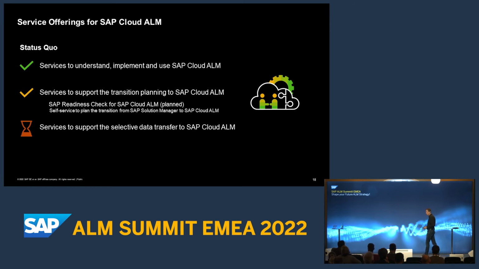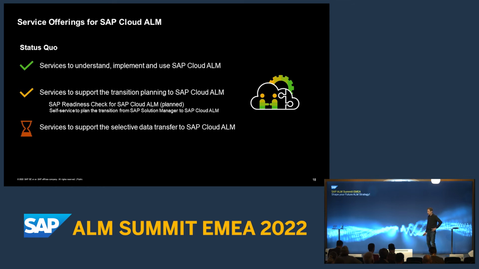And then the last piece, which is not yet available, are services which support you in doing the selective data transfer. If you have listened to Axel this morning or also to Sinye yesterday, the product is not really ready to consume data from Cloud ALM, but that is definitely something we have to offer to support you as our customers in doing that selective data transfer.